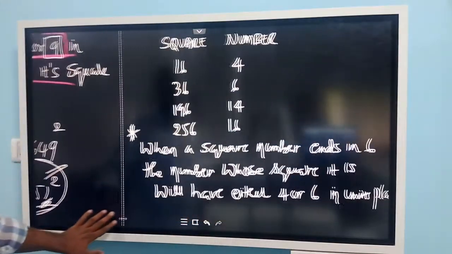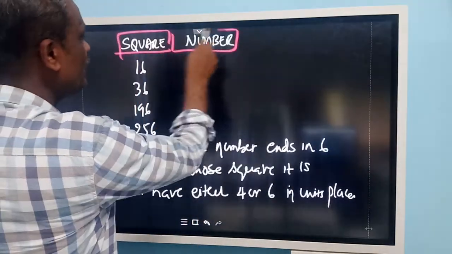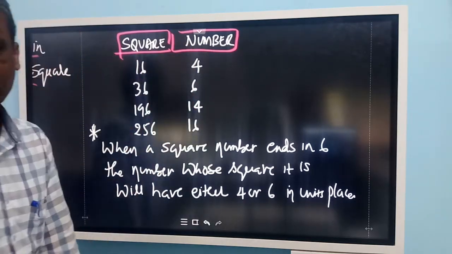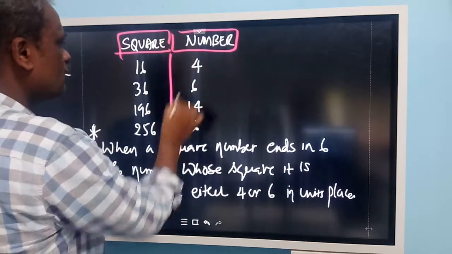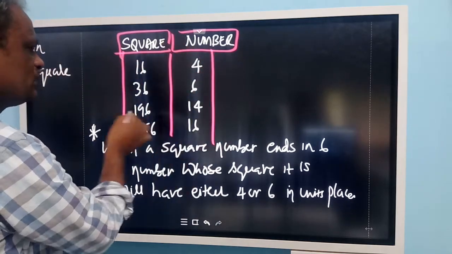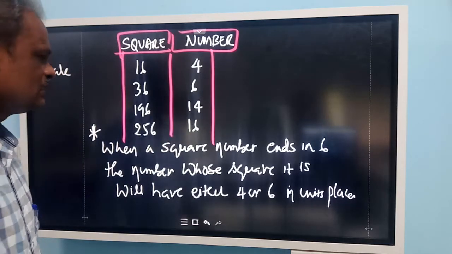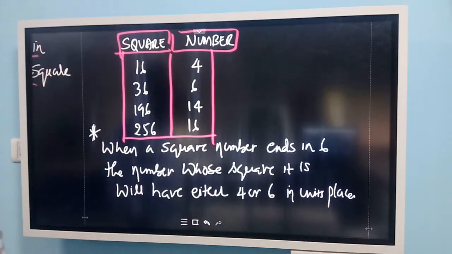Then look at some more examples here. I have taken a number and its square, written in reverse order. 4 squared is 16, 6 squared is 36, 14 squared is 196, 16 squared is 256. What property can you write here?